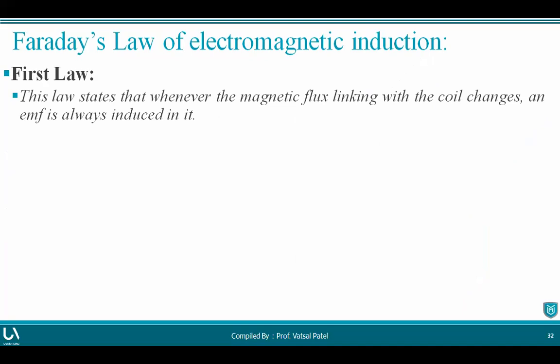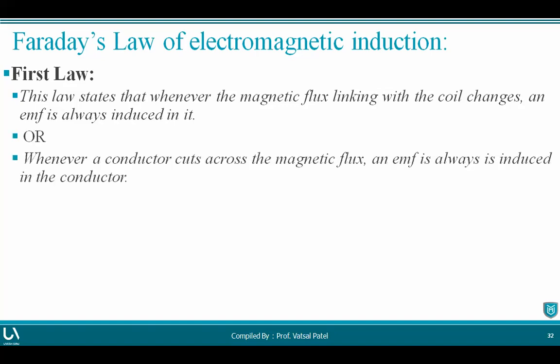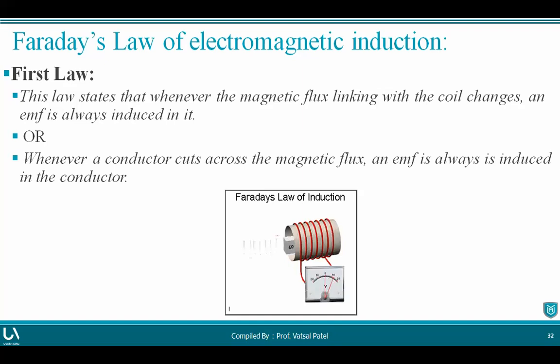In the first law, whenever the magnetic flux linking with the coil changes, an EMF is induced in the coil. And the second statement we discussed is that whenever a conductor cuts the magnetic flux, an EMF is induced in the conductor. This is the animation you have seen in the last session. I hope you have remembered this.